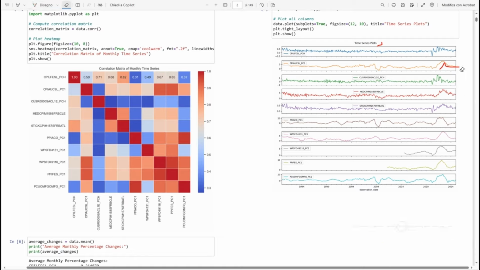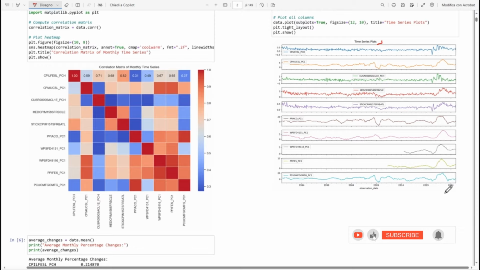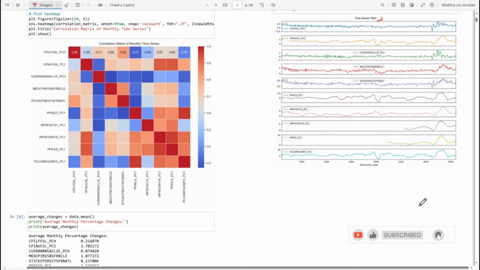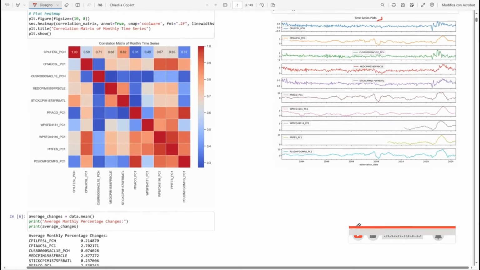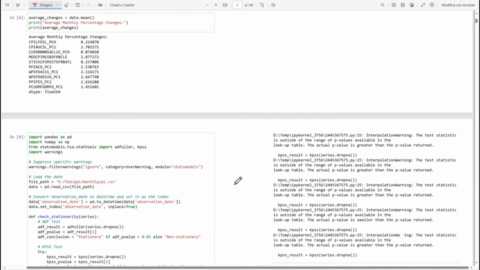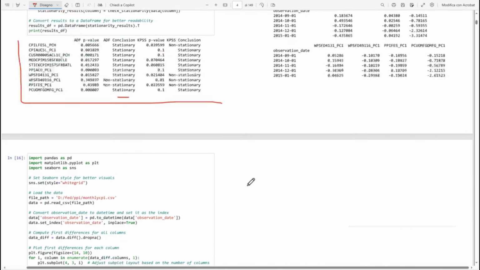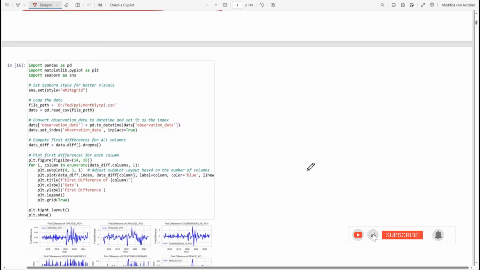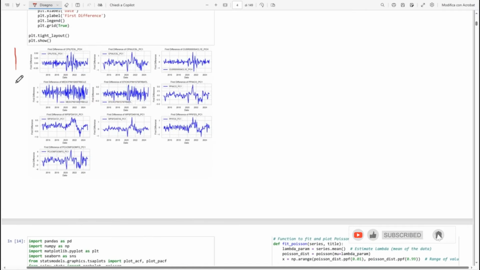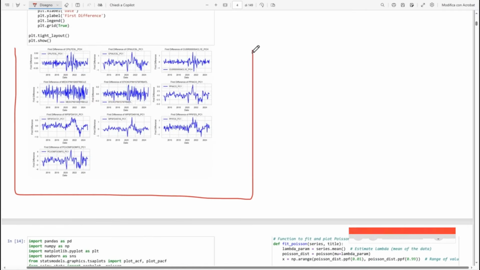So in order to study what happens to inflation, we have to filter out all the excess volatility and the squared residual errors, and then we can try to find out how these time series are correlated and what their behavior is. So after that, I asked the machine to show me the charts for the first difference.